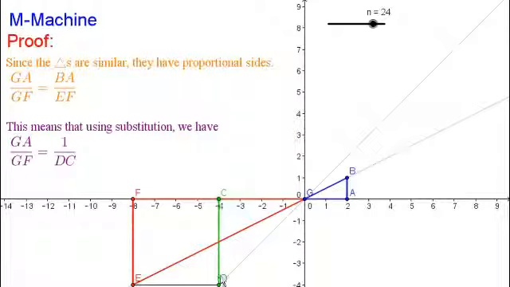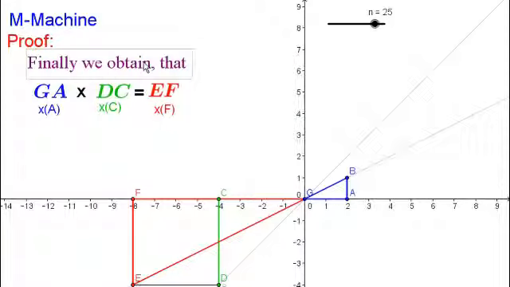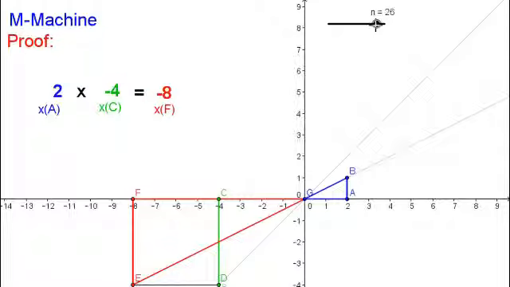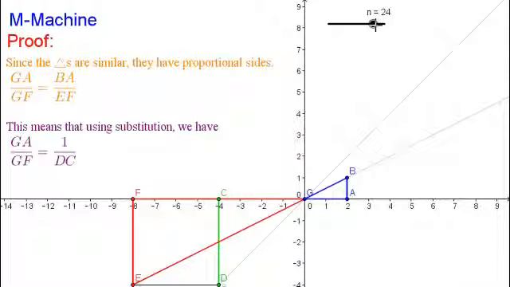And again, this gives us a proportion GA over GF equals 1 over DC. Finally, we obtained that GA times DC is equal to EF. We obtained this using cross multiplication of this proportion here. If you cross multiply, GA times DC is equal to 1 times GF, which is GF.